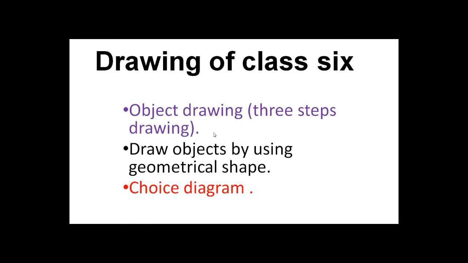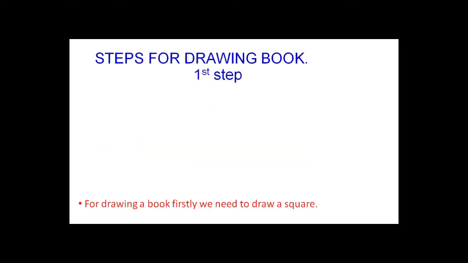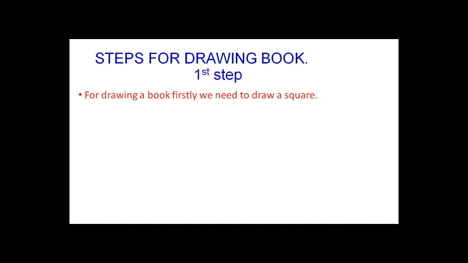So our first drawing is a book. Okay, this is our first diagram, and we will draw this diagram step by step. In the first step, we draw a square of 6 centimeter size.